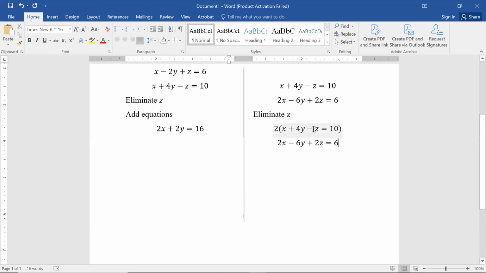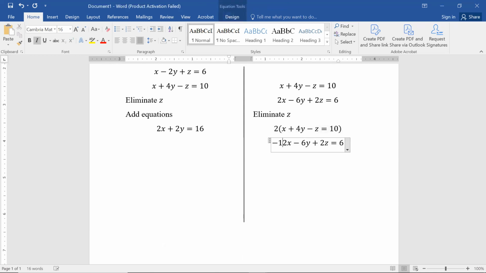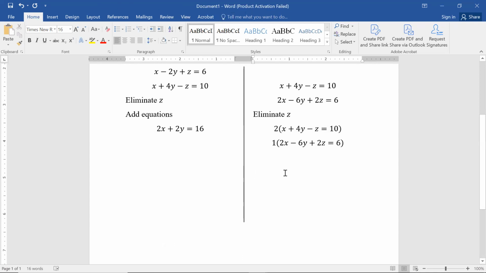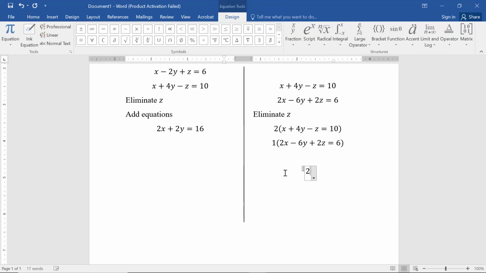I'll take the -1 that's in front of this z and put it in front of this equation. Change the sign on one of them, and then multiply through. When I multiply through, I get the equation 2x plus 8y minus 2z equals 20.